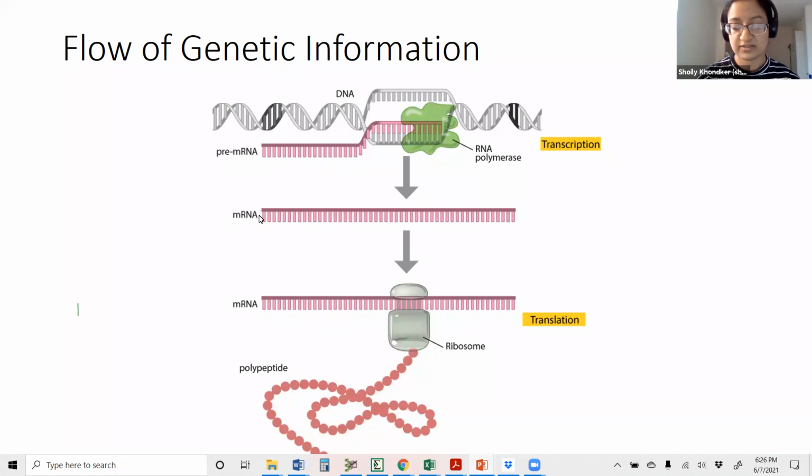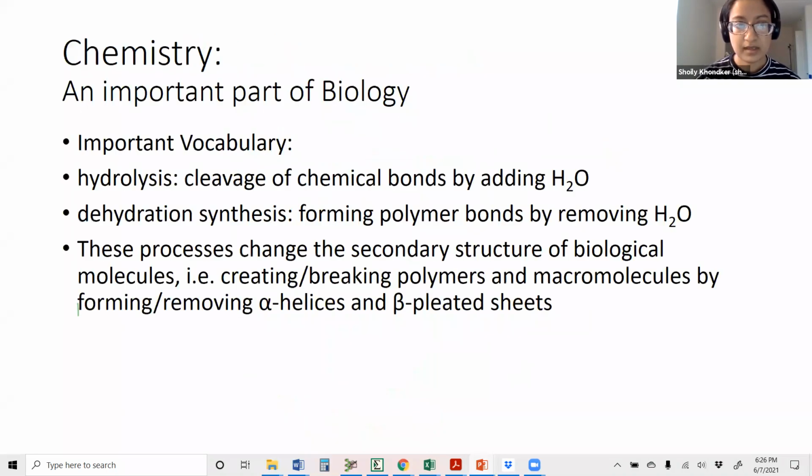The pre-mRNA is then processed to yield mRNA, which is then translated into a polypeptide or protein through the use of ribosomes with another form of RNA called tRNA or transfer RNA. So we'll be going into more detail about that later, but this is just a visual schematic of how the central dogma takes place.